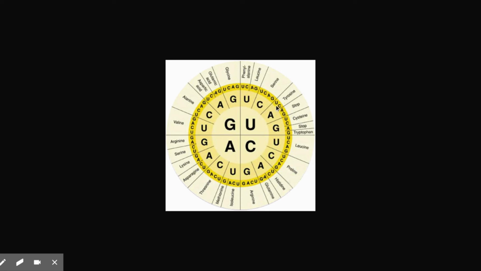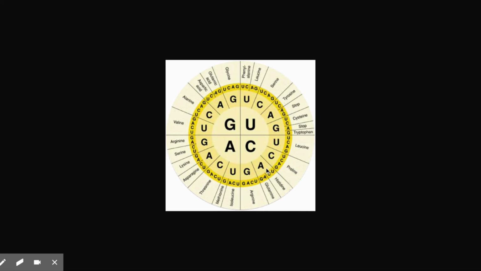UAU, UAC, tyrosine. Same thing. So if you switched a U for a C or a C for a U, no change, right? Over here, CCA, CCC, CCU, CCG, all of those, if you had any of those bases in the third spot of that codon, they'd all code for proline, right? But if I change from CCC to CAC, now I change, right?